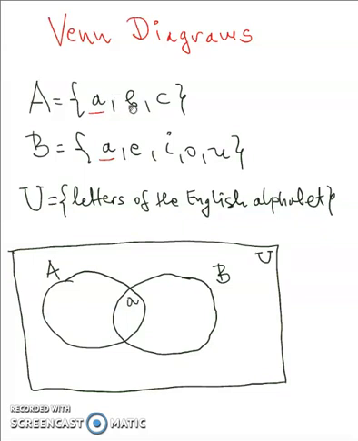Then element B belongs only to A, so it has to be in the region that belongs only to A, but not B, so that's this region here.